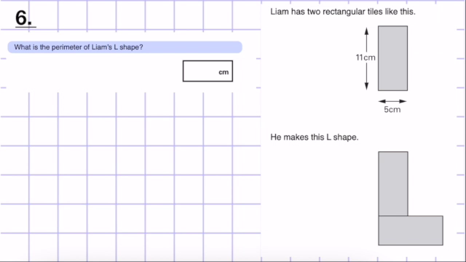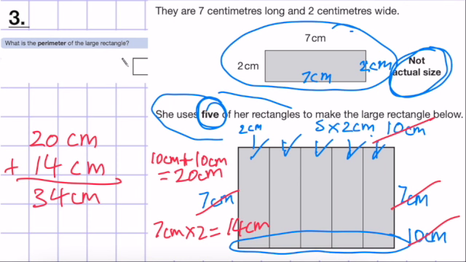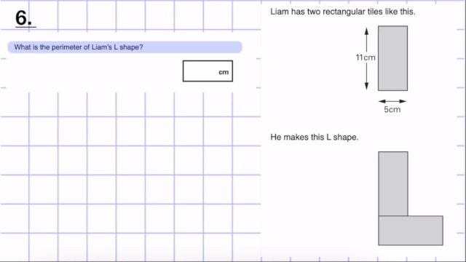And finally, Liam has 2 rectangular tiles like this. This is similar to this question, except the dimensions of the shape are different. The long side of the rectangle here is 11 centimetres, and the short side here is 5 centimetres.